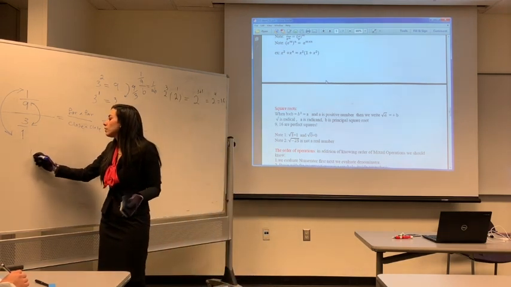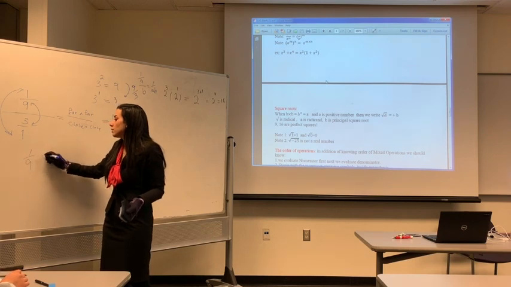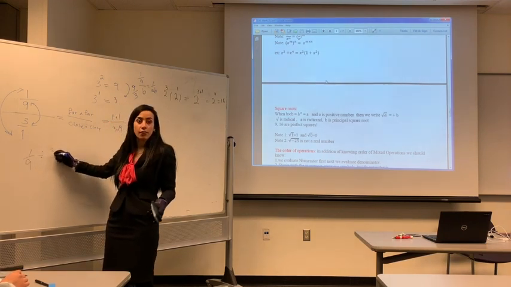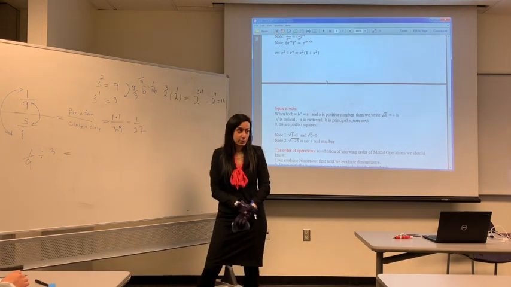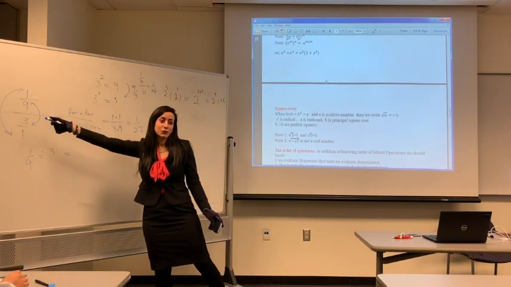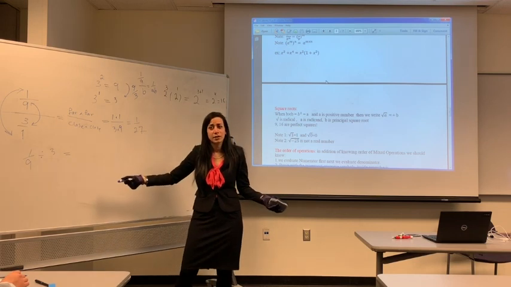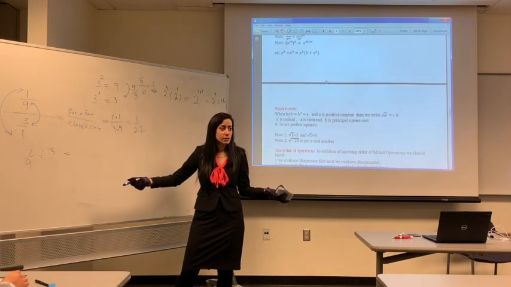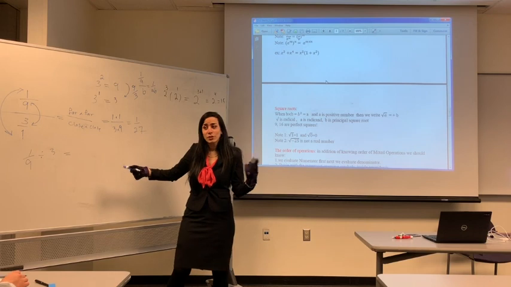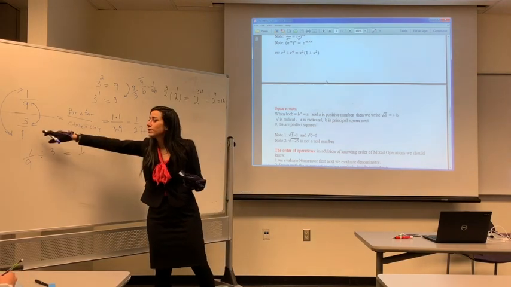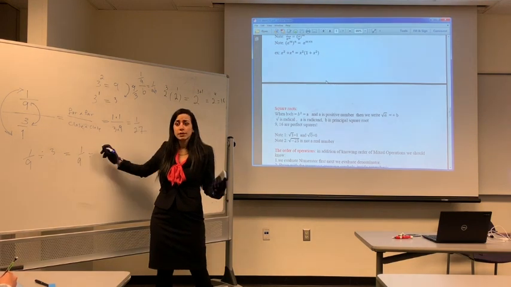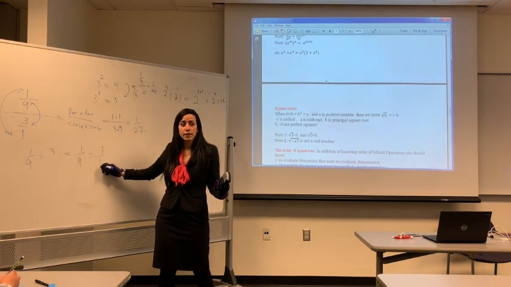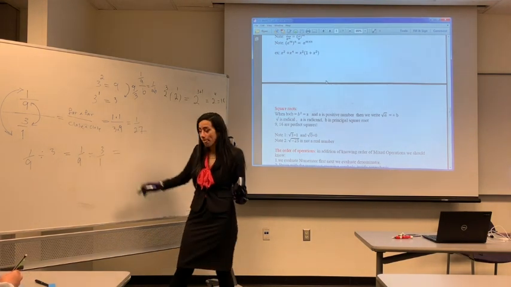So we had 1 over 9 divide by 3, correct? We had this. So either you are showing in this form or this form, both of them are correct and similar, correct? So now use the same thing I said about 3. 3 is 3 over 1, right?